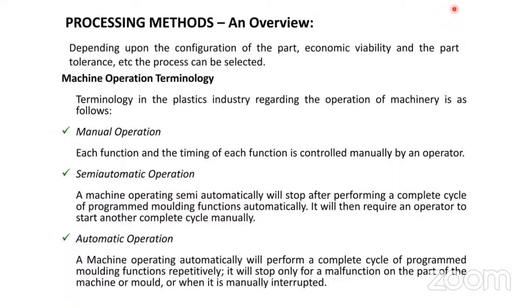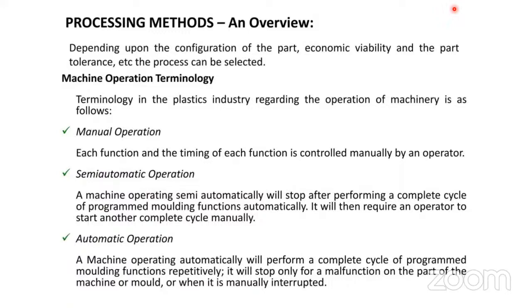Now, machine operation terminology. Manual operation: each function and the timing of each function is controlled manually by the operator. That means you can control anything, anytime. Semi-automatic operation: a machine operating semi-automatically will stop after performing a complete cycle of programmed molding functions automatically.